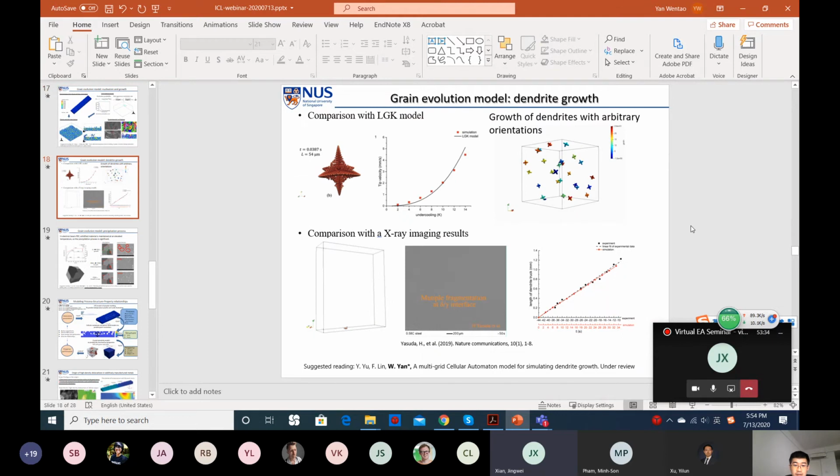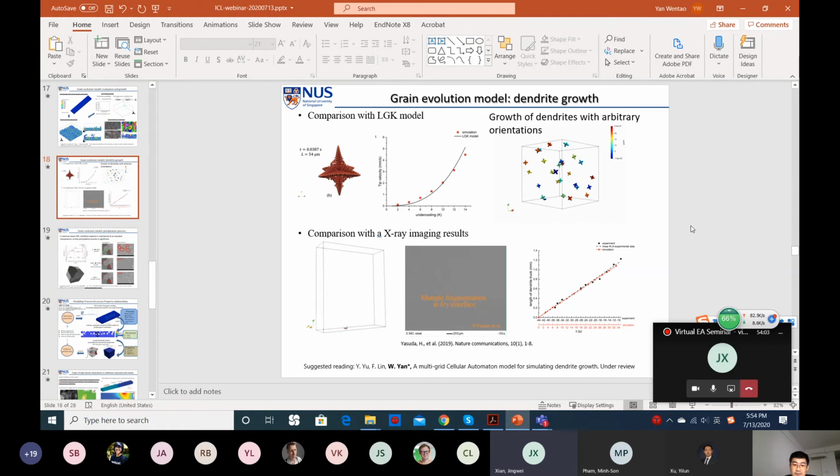In the synchrotron experiment, the cooling rate or the thermal gradient across that field of view is very small. But in real additive manufacturing, the cooling rate is much faster. So I think synchrotron X-ray imaging on real additive manufacturing might be very challenging at the moment.